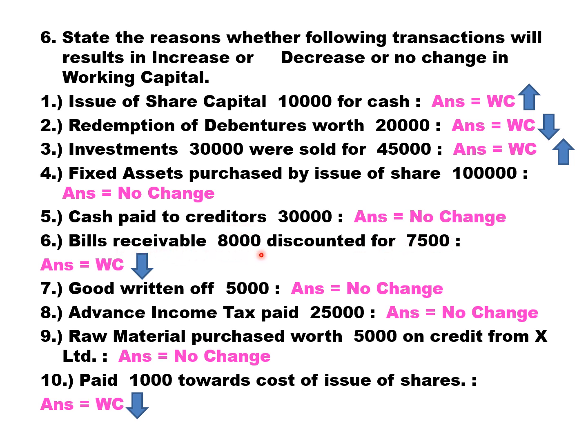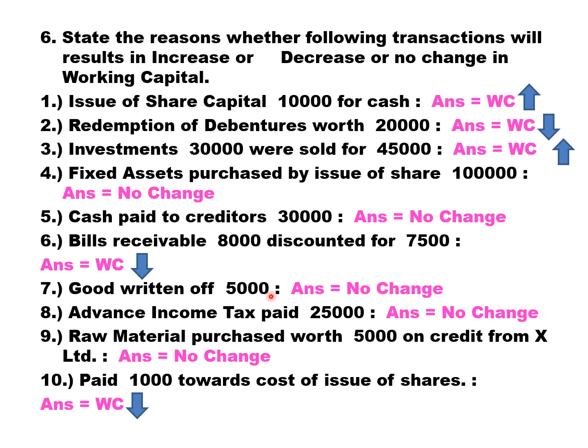Bills receivable 8,000 discounted for 7,500. So BR 8,000 goes, cash 7,500 comes. So both are current, but 500 rupees there is a decrease in cash. So decrease in cash will result in decrease in working capital.